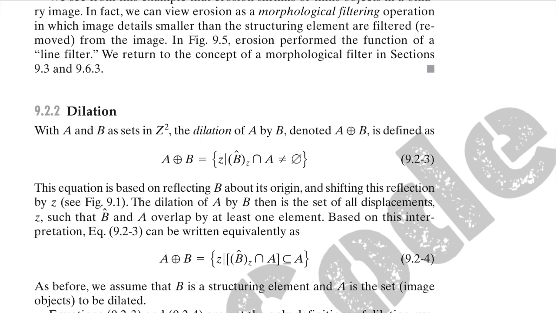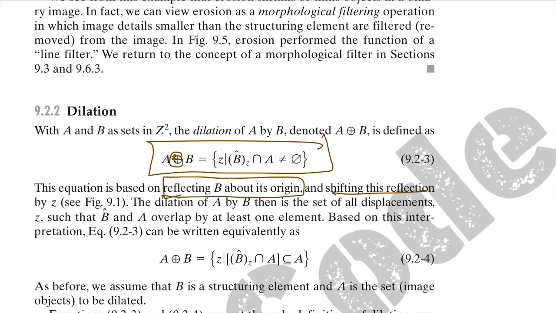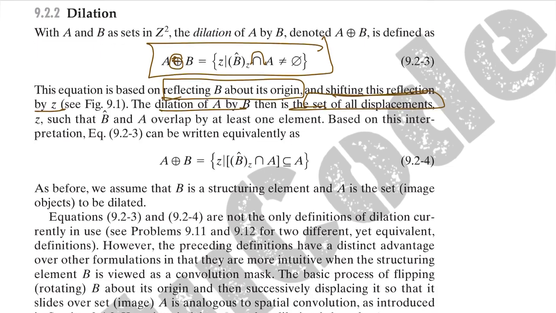In the equation, A ⊕ B equal to z such that B cap of z intersection A is not equal to phi. That means B cap of z is the reflection of B about its origin, shifted by z. Dilation of A by B is the set of all the displacements z for which this intersection is non-empty.